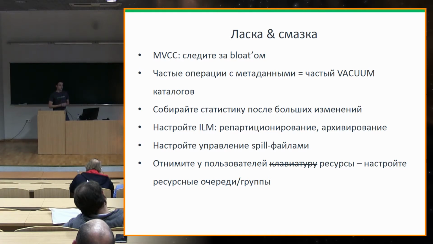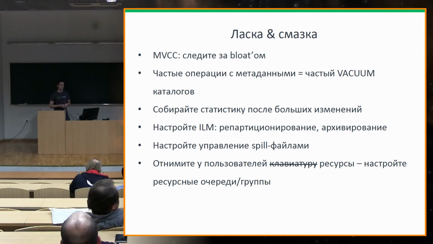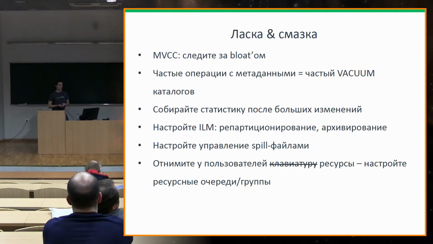And Greenplum has two ways of restrictions in terms of resources, resource queues and resource groups. Queues become deprecated, and resource groups is a new way to limit the user in terms of memory, but not in terms of drives. I hope that we'll have it soon.